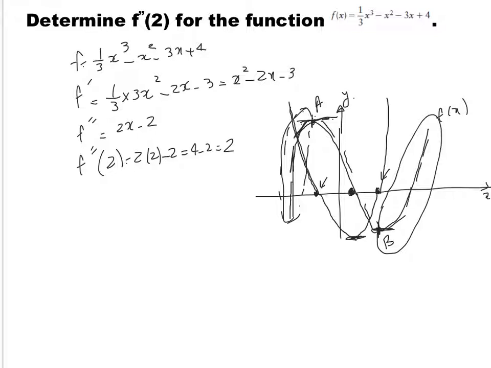So this point corresponds to a point something like this point here for our second derivative. Now if we look at the first derivative graph, which is this part, you can see that our tangent is going to have negative slope, and they are increasing in value.